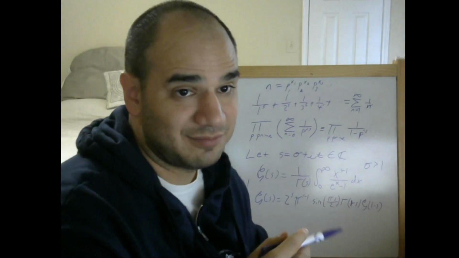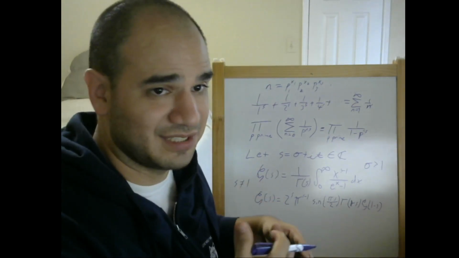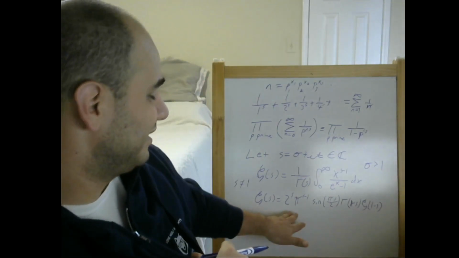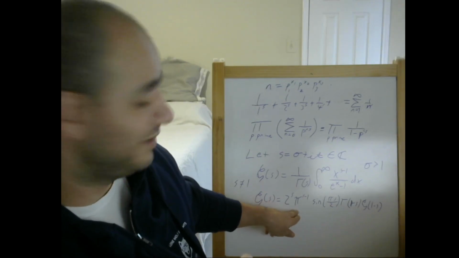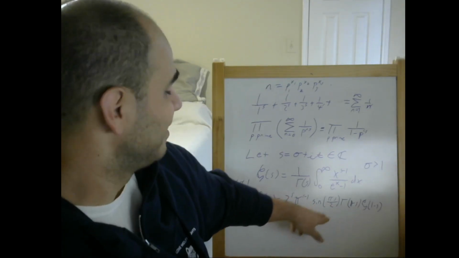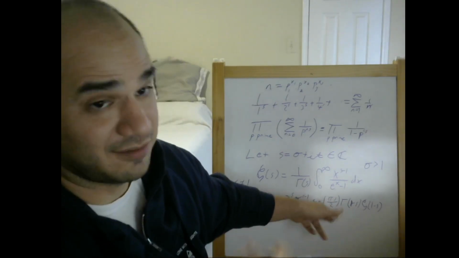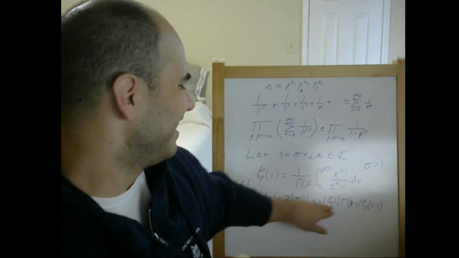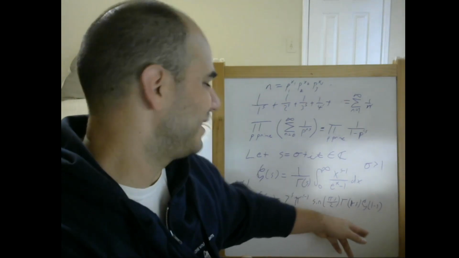But now we can have real part of 1 just as long as the imaginary part isn't 0. Right? So zeta of s is equal to, on the whole plane except for this point, 2 to the s times pi to the s minus 1 times sine of pi times s over 2, times gamma of 1 minus s times zeta of 1 minus s.